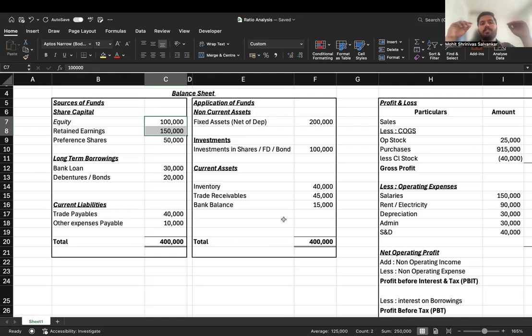Okay, so when we say cash cover, it means out of the cash profits which you make, not the book profit, which has depreciation in it, which is not cash. Then there is loss on sale of machineries, assets, etc. Those are not cash expenses or cash losses, those are book losses. So ignoring all of that, if you remember the cash flow statement which we prepared in the previous semester, we had a portion for cash from operations.